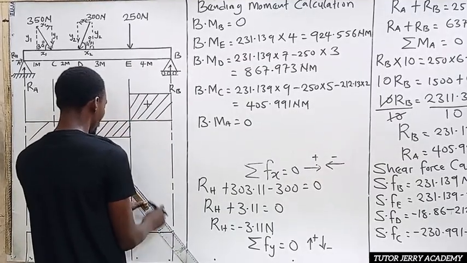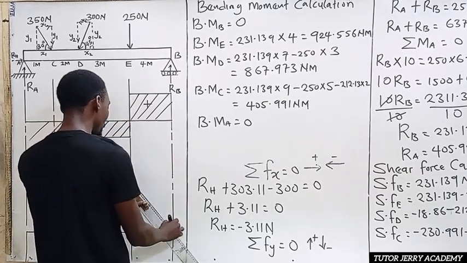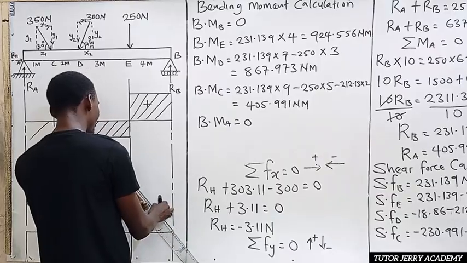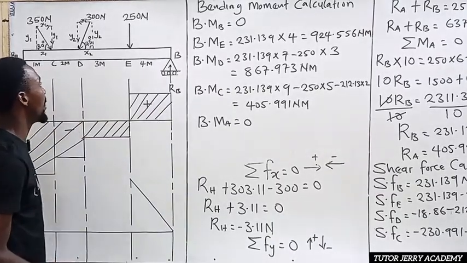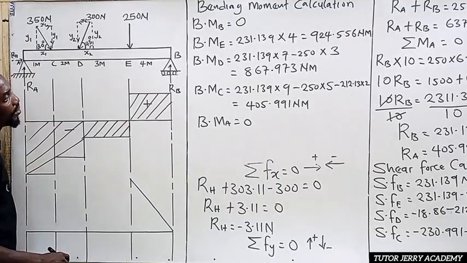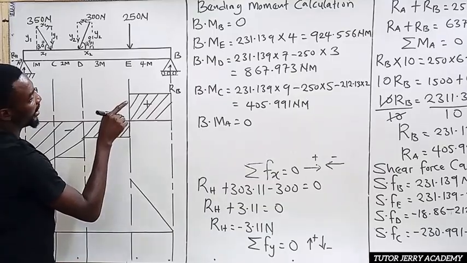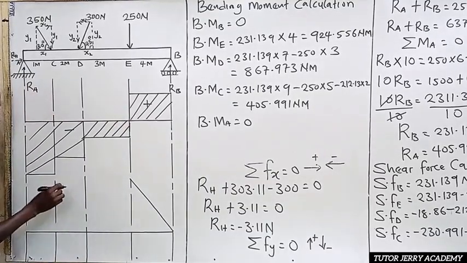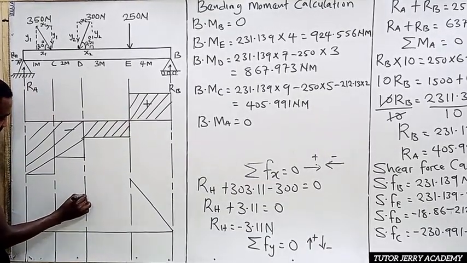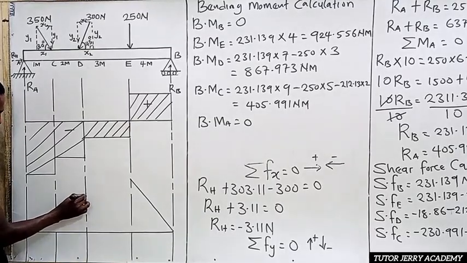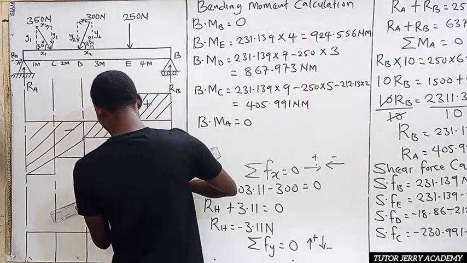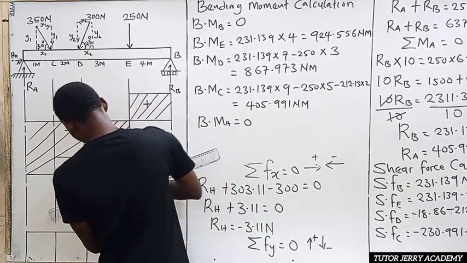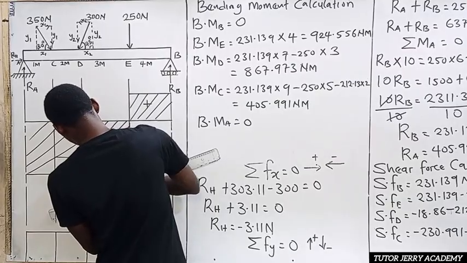So a constant line in our shear force diagram will be replaced with an inclined line in our bending moment diagram. All right. So now at point D, we have 867, which will be somewhere around here. So now let's join this point to this point with an inclined line.